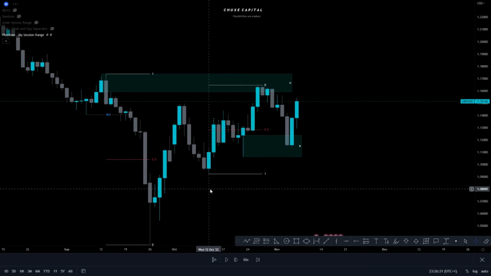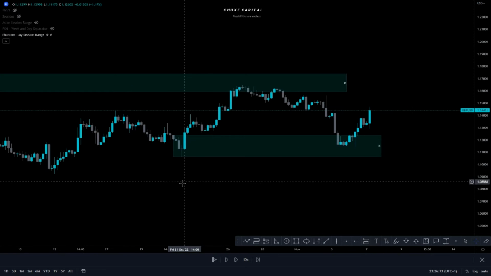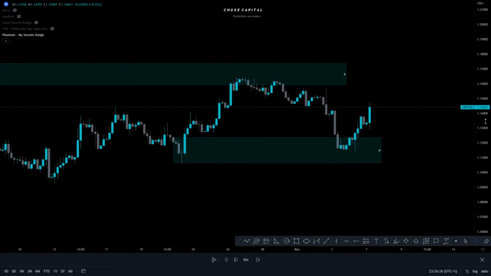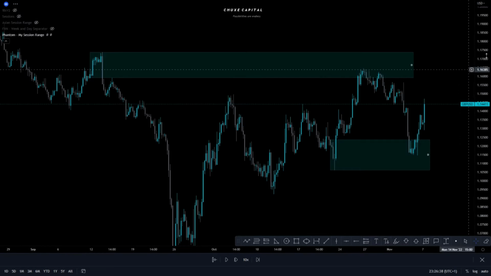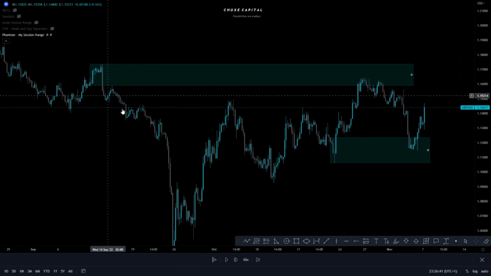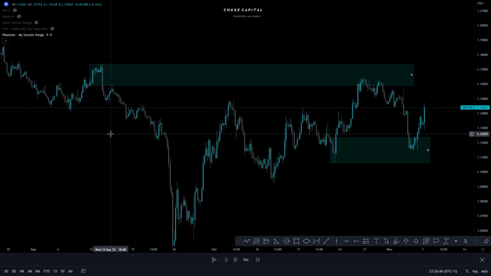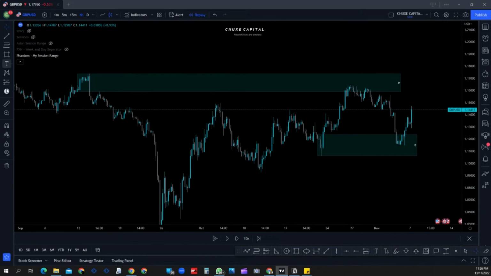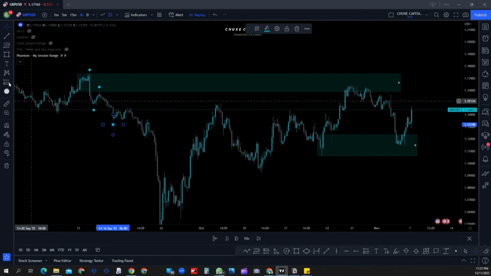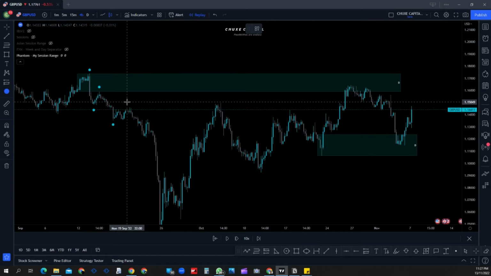If we go to our 4 hour, if we mark 4 hour from here, from the high we have a low, high, low, high.